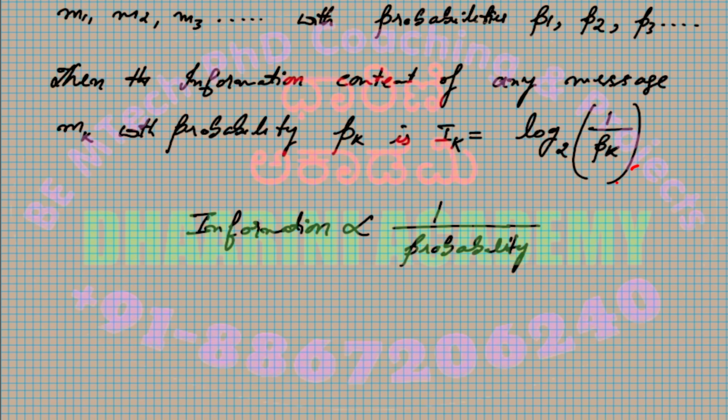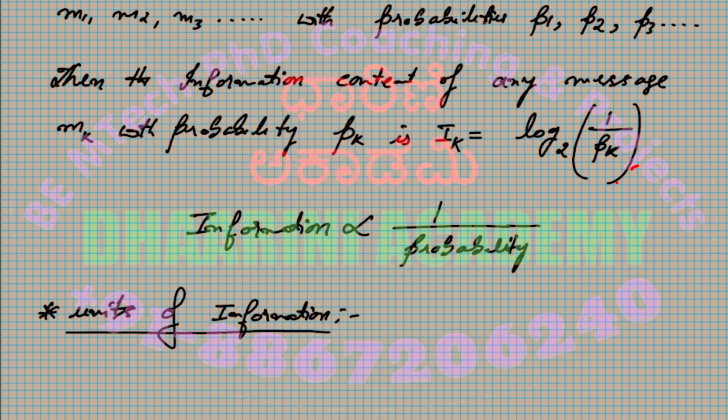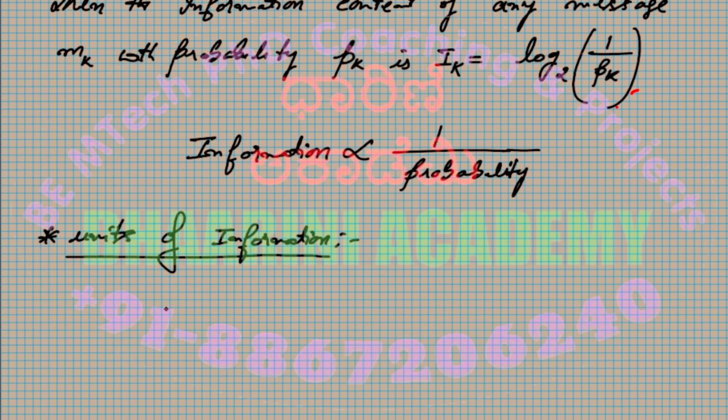So let me try to write the units of information. There has to be some unit, just because whenever we measure a mass we say kg, or you can even go for other measurements like grams, or velocity has meter per second, etc. We need some units, so that reason we use this.